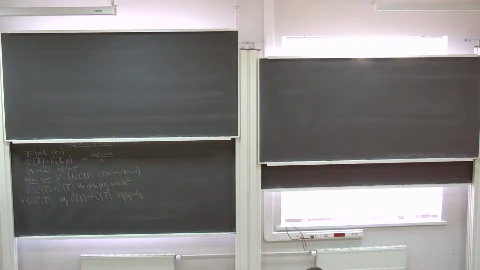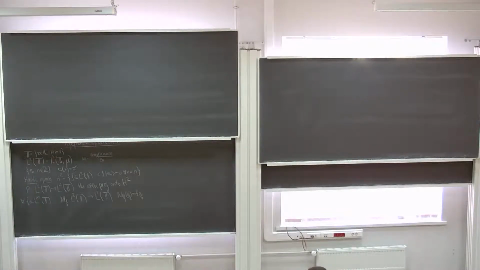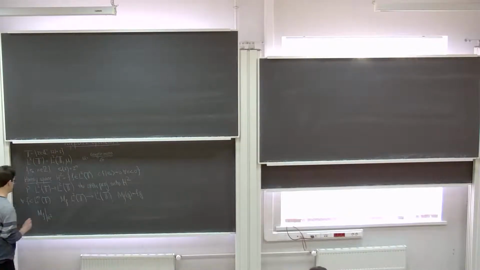And now the Toeplitz operator is the compression of M_f onto the Hardy space. By the compression, I mean the following. We restrict M_f to the Hardy space. Of course, there is no reason for H2 to be invariant under this operator.